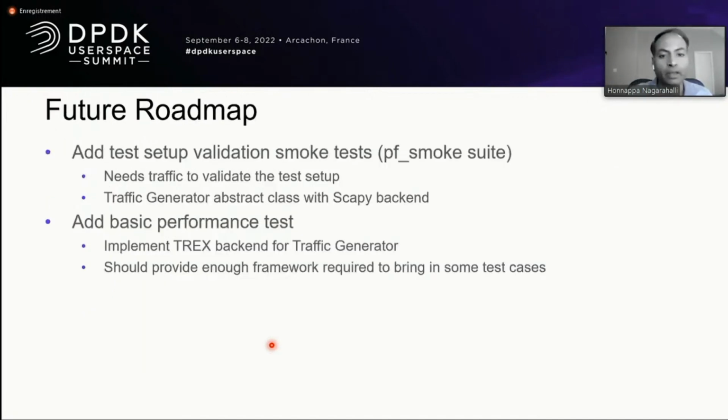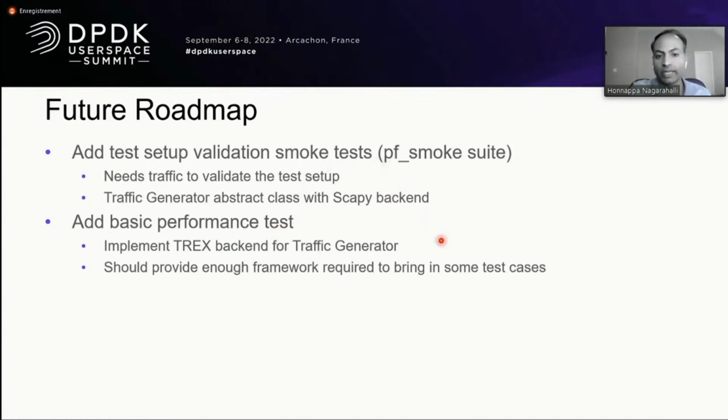Okay, future roadmap. This is not the entire thing. This is about how far we are looking into the future. So right now, what we are looking at is once the Hello World patch is merged, we would like to add some smoke tests.